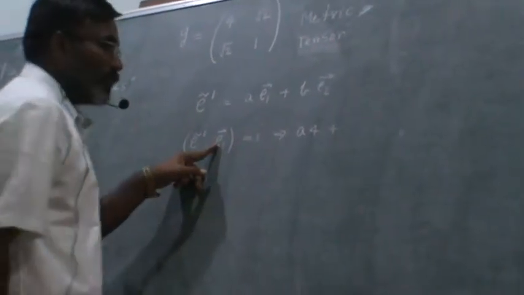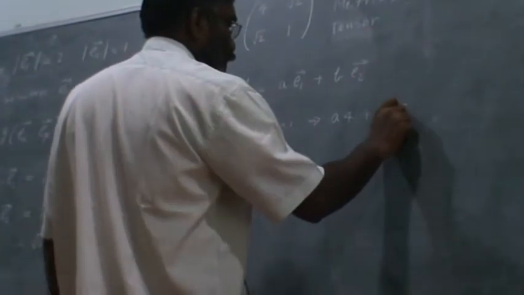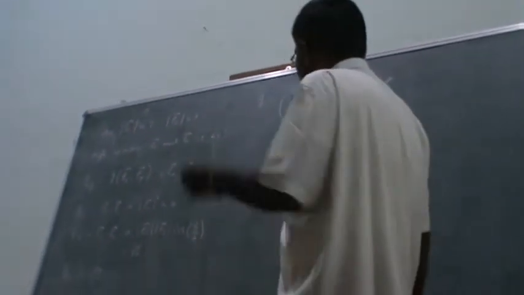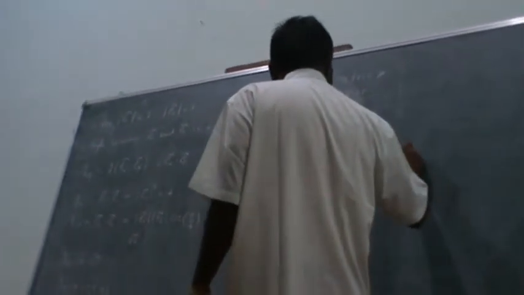What is E2 to E1? E2 to E1 is 2 times root 2. So this should be equal to 1. This is one equation.